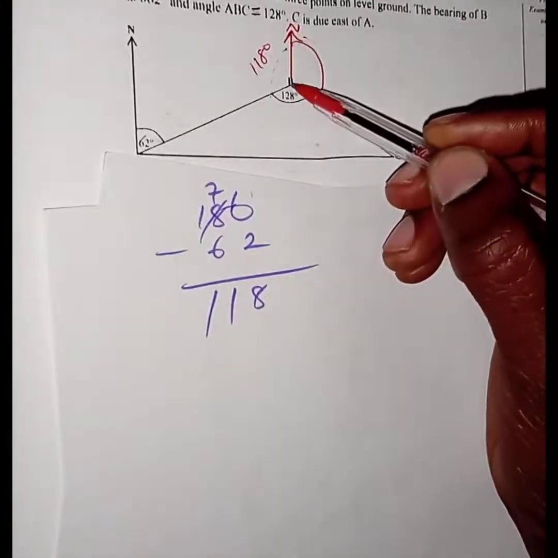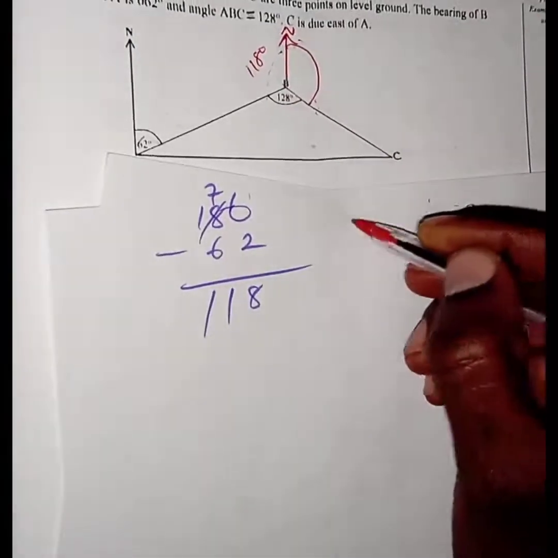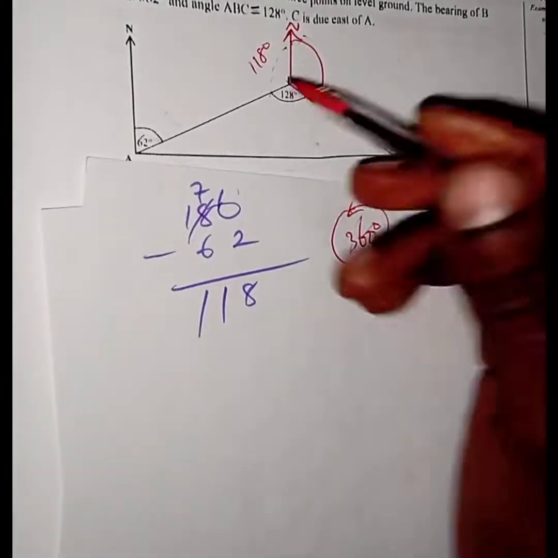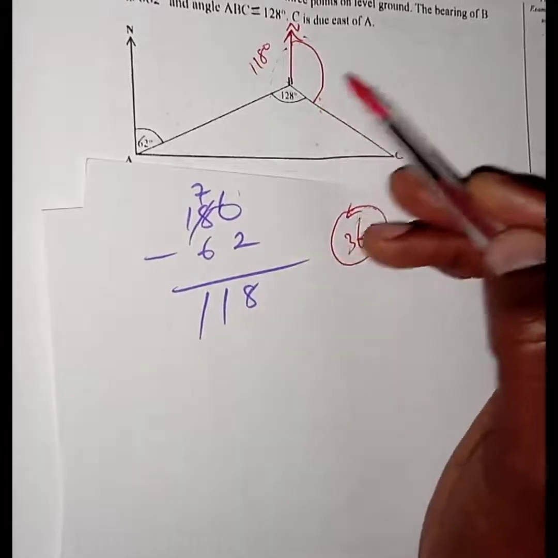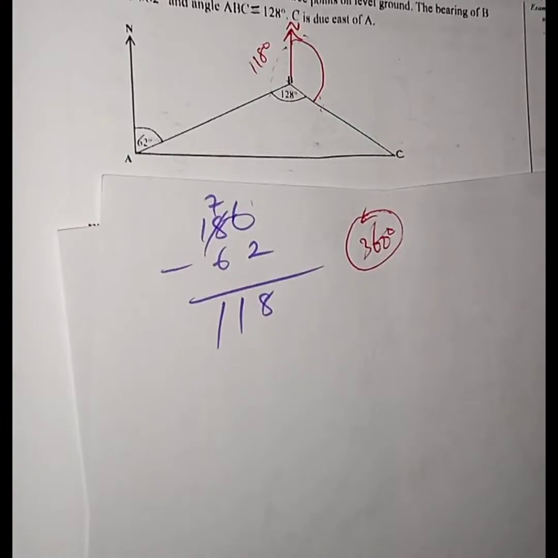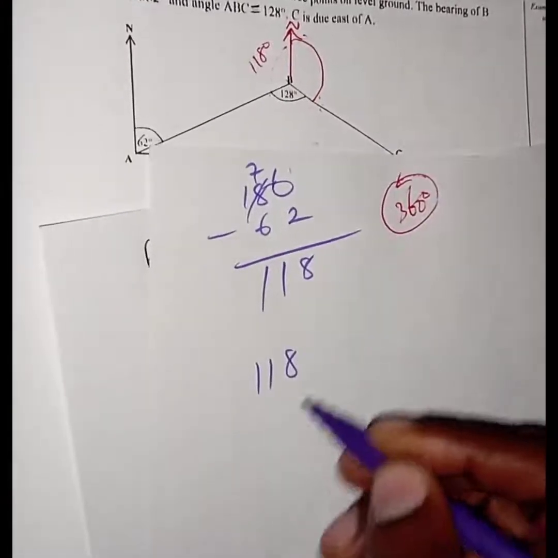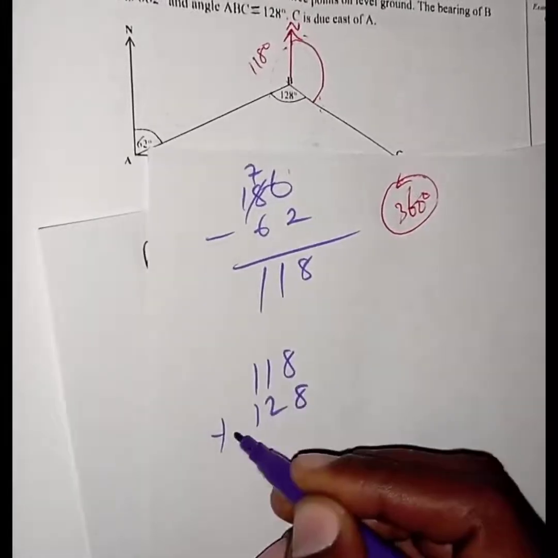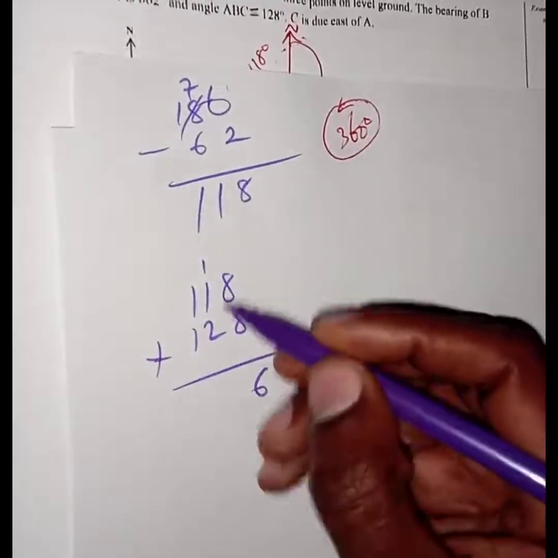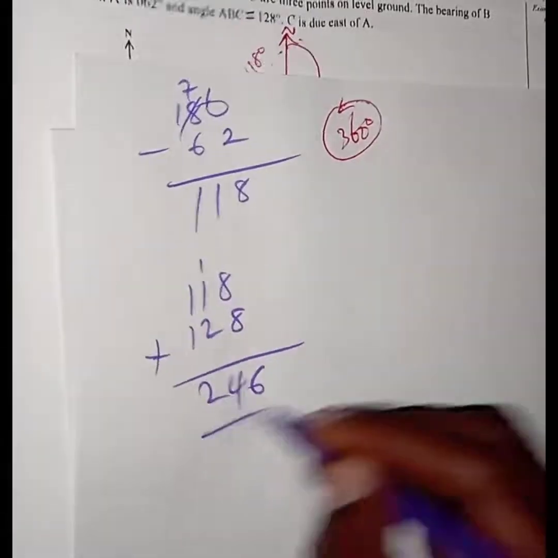As you can see, these three angles are meeting at a point, forming a complete revolution, which is 360 degrees. So you add the available angles and subtract from 360 degrees to get this angle as your answer. We add 118 plus 128: 8 plus 8 is 16, 6 carry 1, 2 plus 1 is 3, 3 plus 1 is 4, 1 plus 1, you have 246.